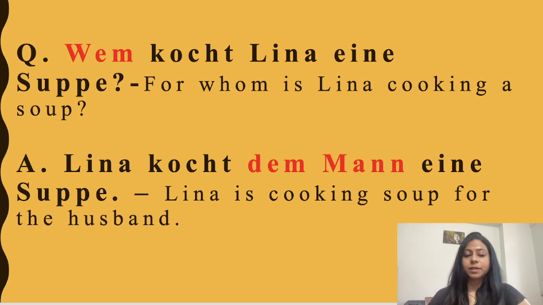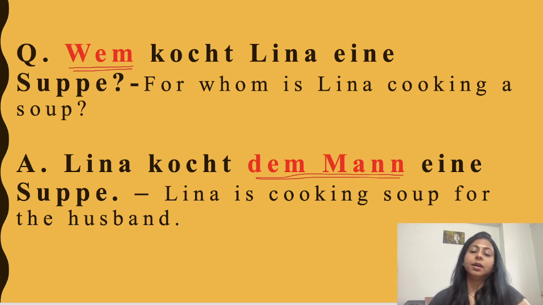As you must have noticed at the very beginning of the slide, the question that we ask in dative is wem. Wem is the question that we ask. So, wem kocht Lina eine Suppe? For whom is Lina cooking a soup? Lina kocht dem Mann eine Suppe. Lina is cooking soup for the husband. As you must have noticed, the indirect object, which is dem Mann, is also the dative object here.